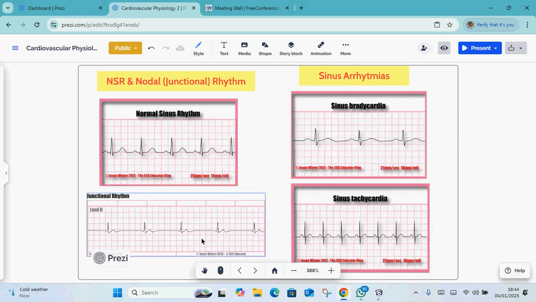So in this ECG, Tara, what is the RR interval? Is Tara there? Anybody? Yes, Doctor. What is the RR interval in this ECG?